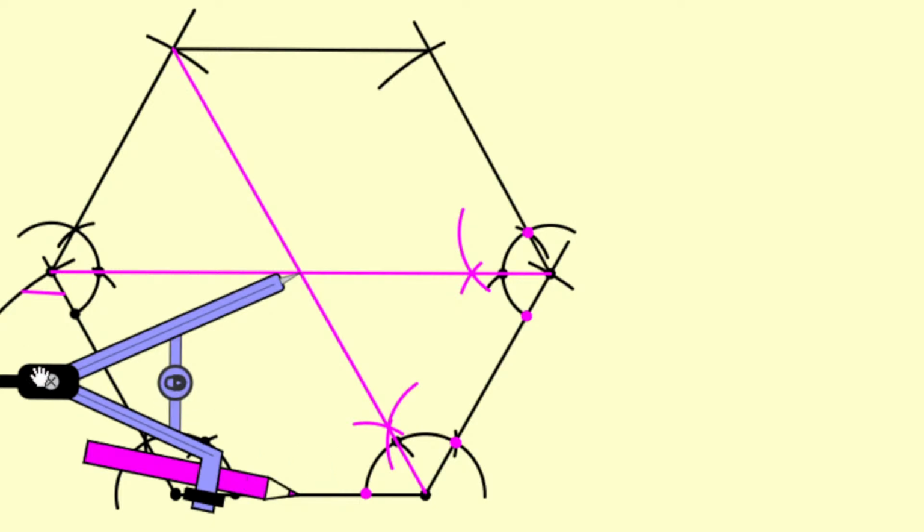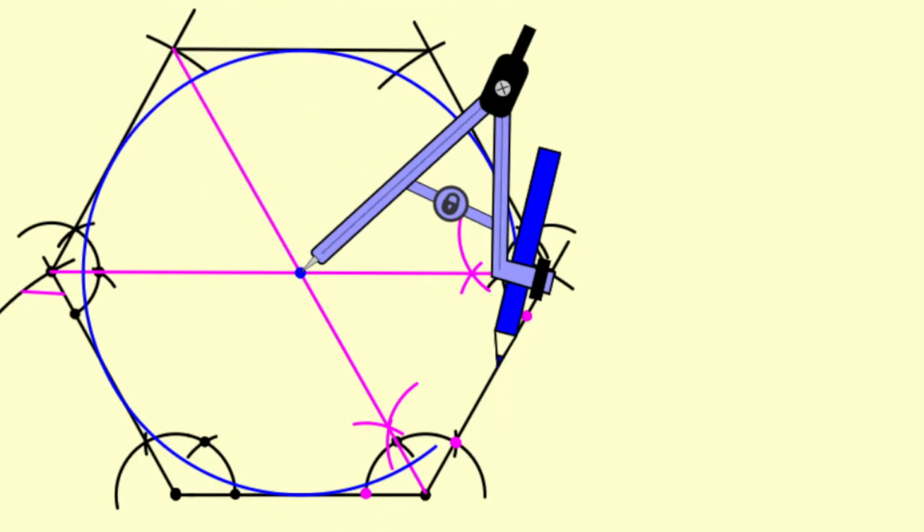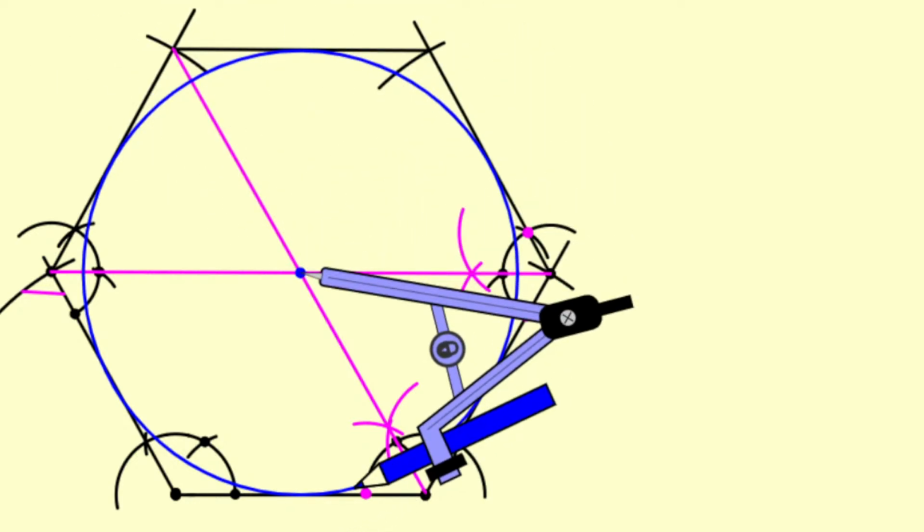This will be the radius. Now you can just draw with a different color. With this radius, you have to draw the circle. So you can see it will touch. So this is the radius.